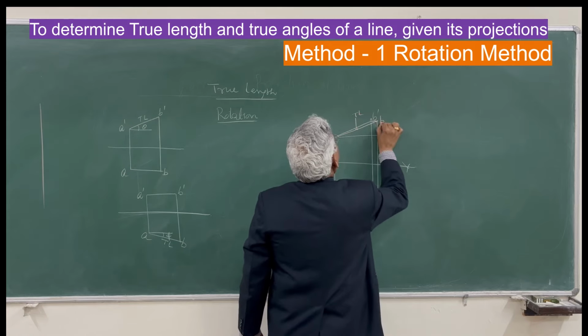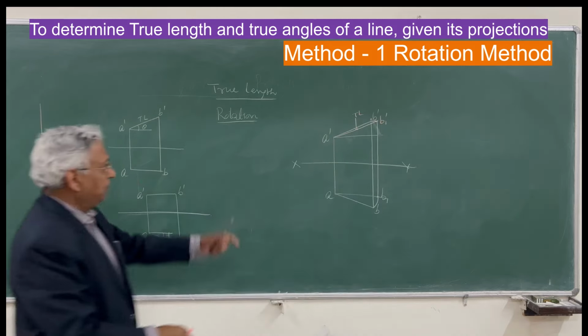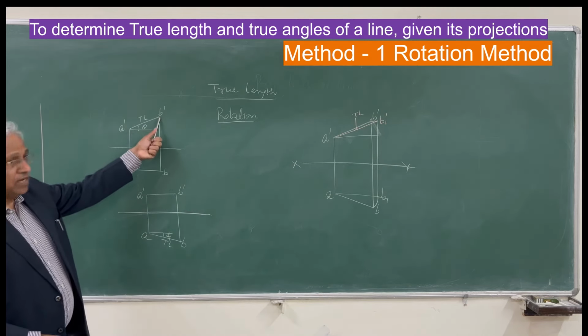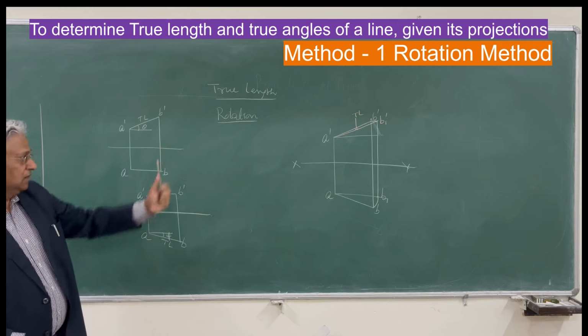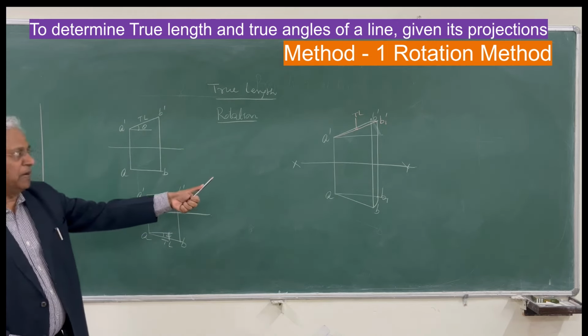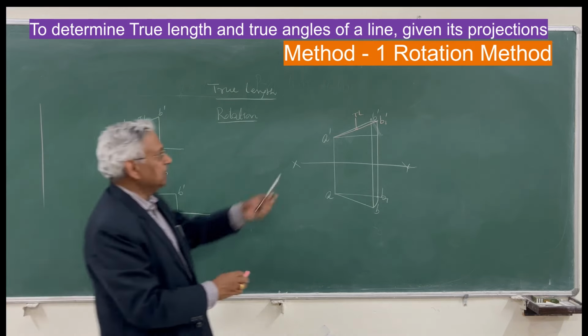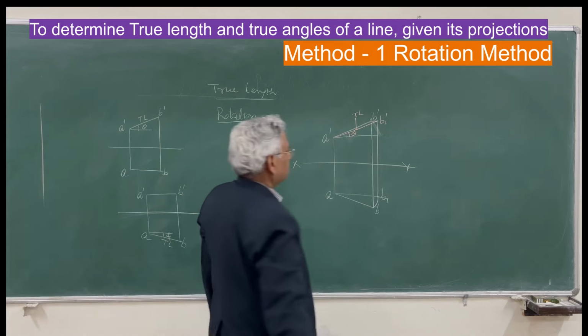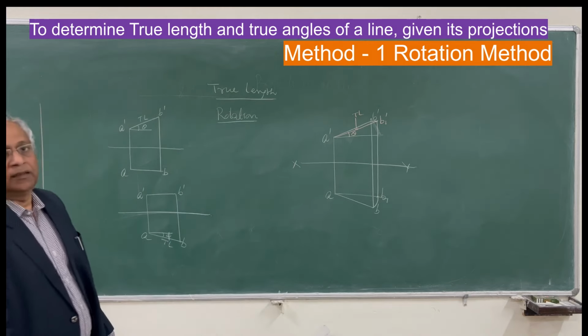True length. This is B1 dash. Compare this case with this case. Now A dash B1 dash is inclined and AB1 is parallel to the ground line. So this will give you the true length and true angle theta. True angle theta.